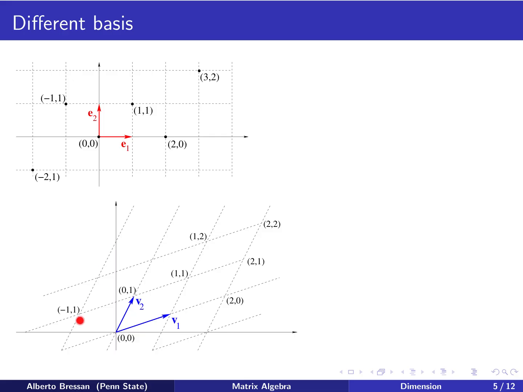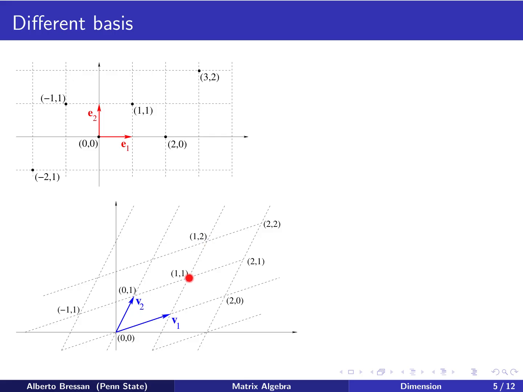You can have a bunch of them, and then for points on this v2 axis, you can draw parallel lines with v1. Okay, so then you get this kind of a slanted grid.